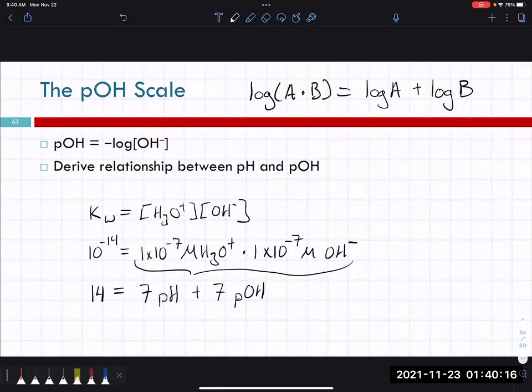So for a neutral solution, and actually, for any solution, the pH plus the pOH is equal to 14. In a neutral solution, it's 7 and 7.